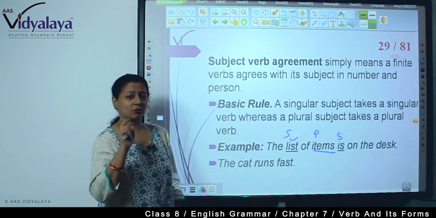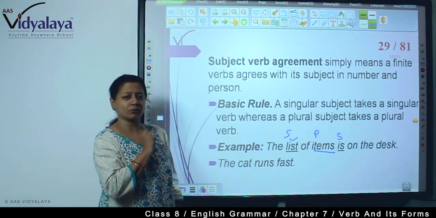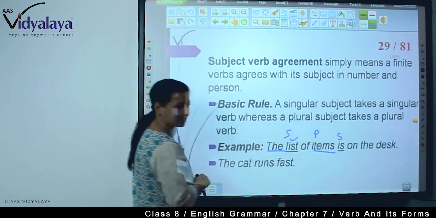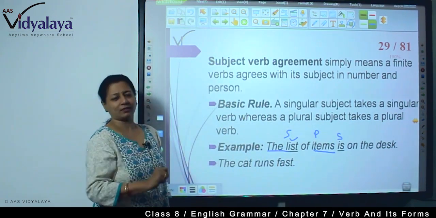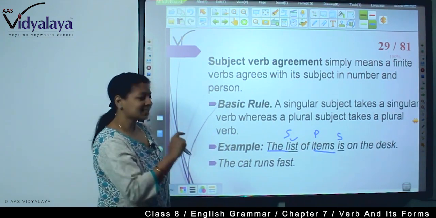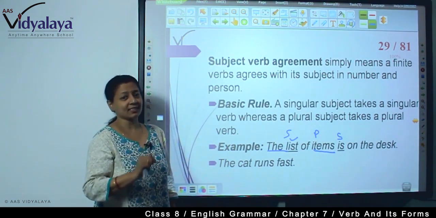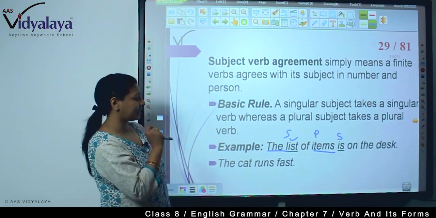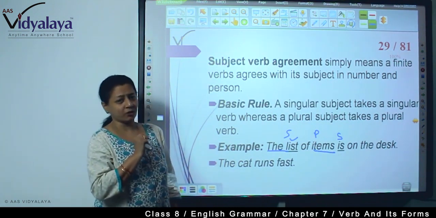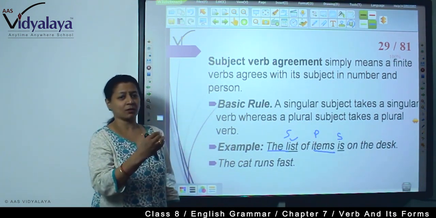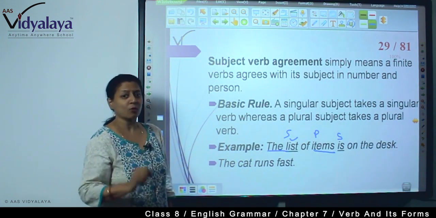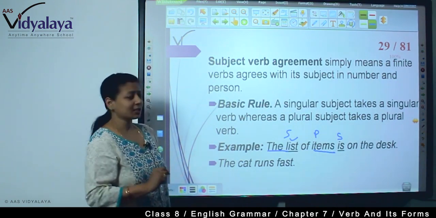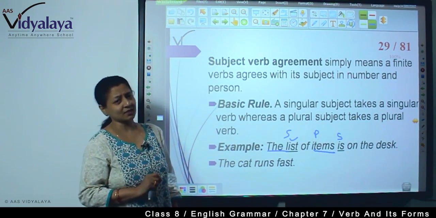The thing is that you will have to understand what the subject is. The subject is not the items, the subject is the list, and the list is only one. So, the list is on the desk. Here we are not talking about items. The subject here is the list. So, is is the verb, and that particular list is on the desk. So, be very careful in learning subject-verb agreement. Only then can you be perfect in English writing.